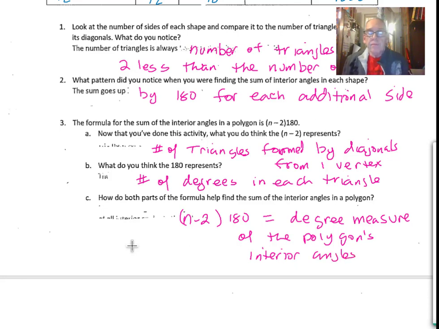So we have a formula, the interior angle theorem for polygons, which says that the number of sides minus 2 times 180 gives us the total number of interior angle degrees for a polygon based on the number of sides.